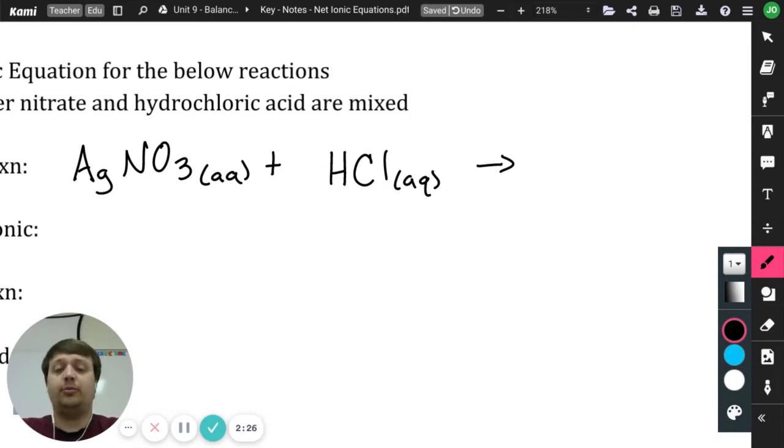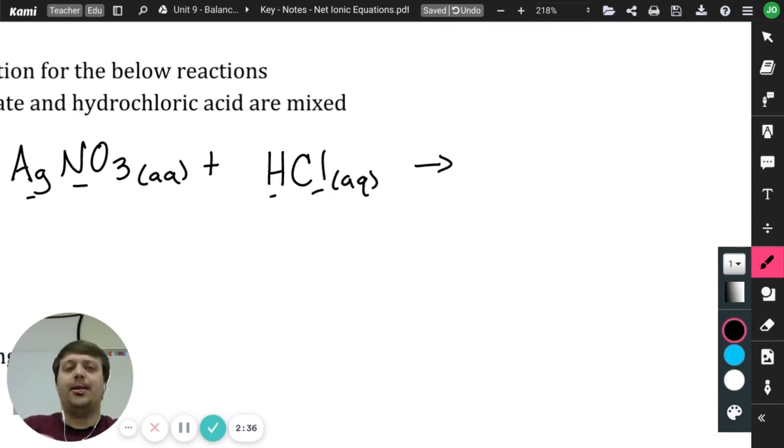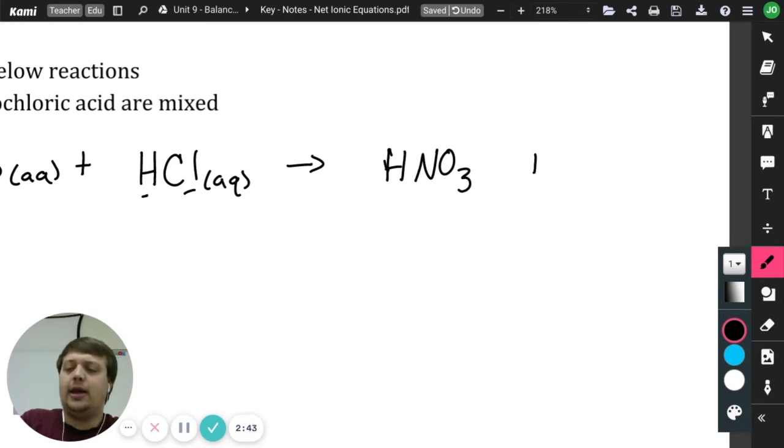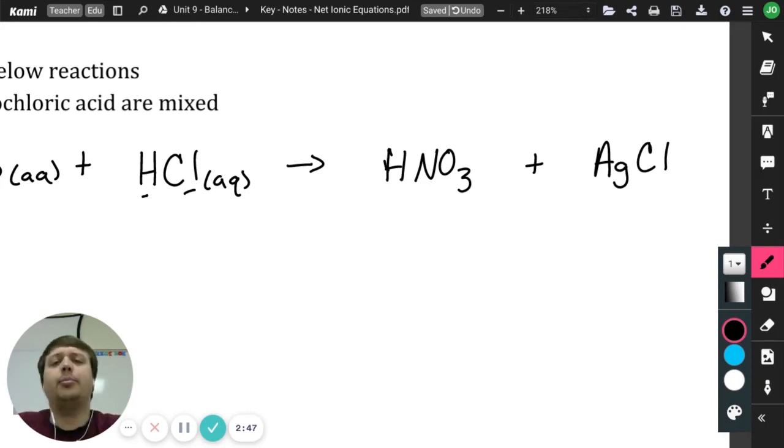So in double replacement reactions, we know that we put the inside with the inside and the outside with the outside. So silver's going to pair up with chlorine, nitrate's going to pair up with hydrogen. So we get HNO3 and AgCl. They've all got plus or -1 charges, so they do already cancel out, which means this is already balanced for us.